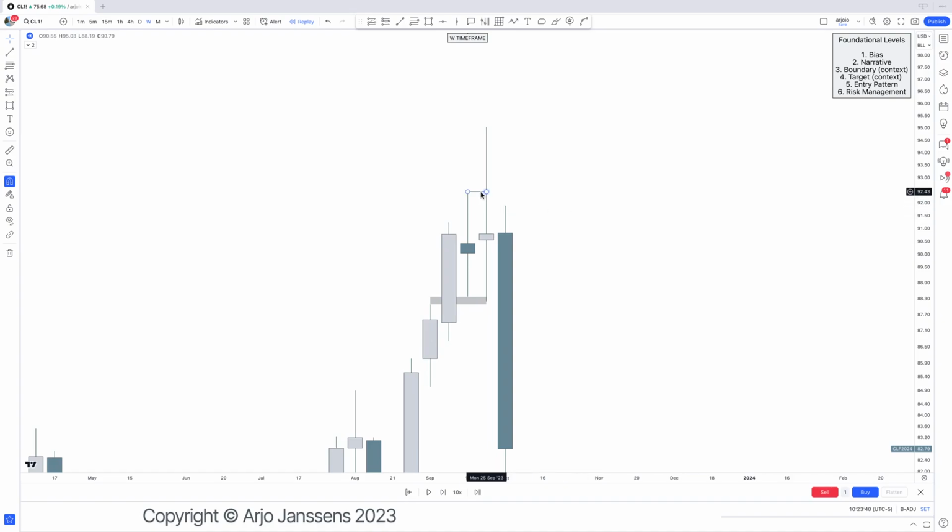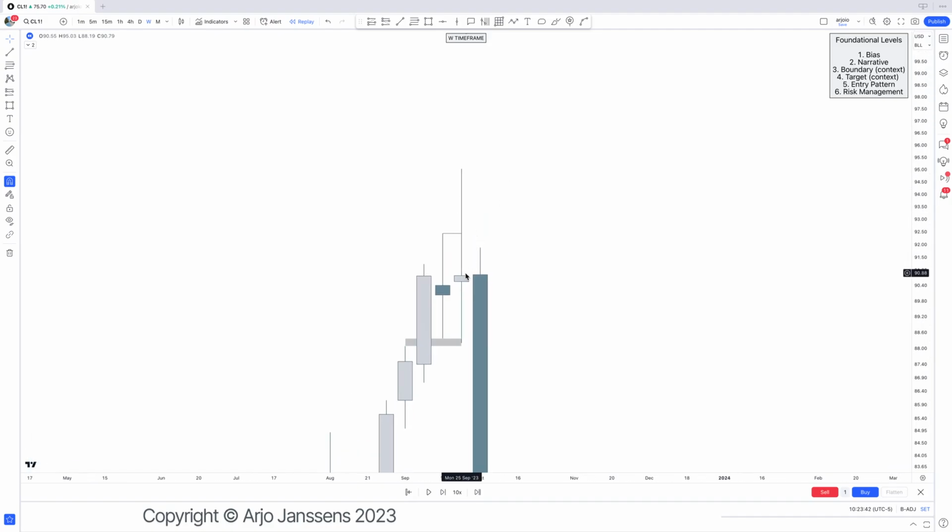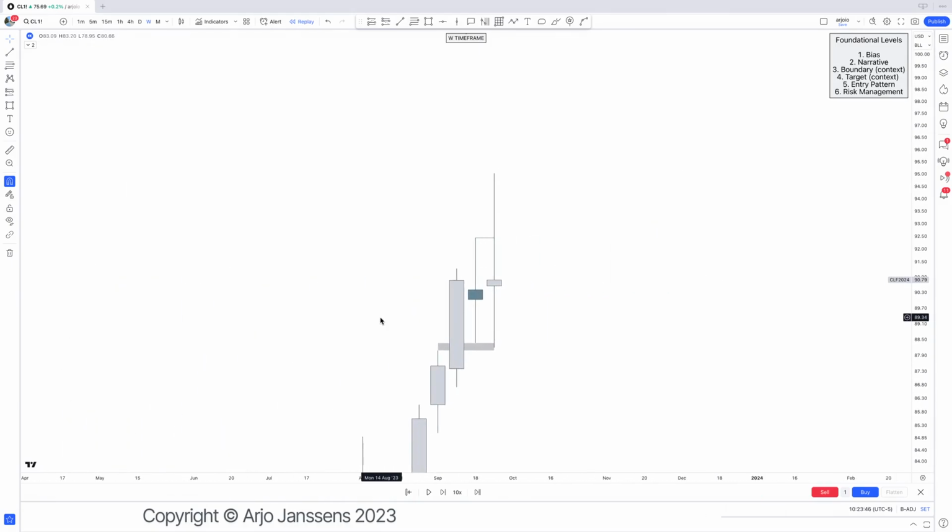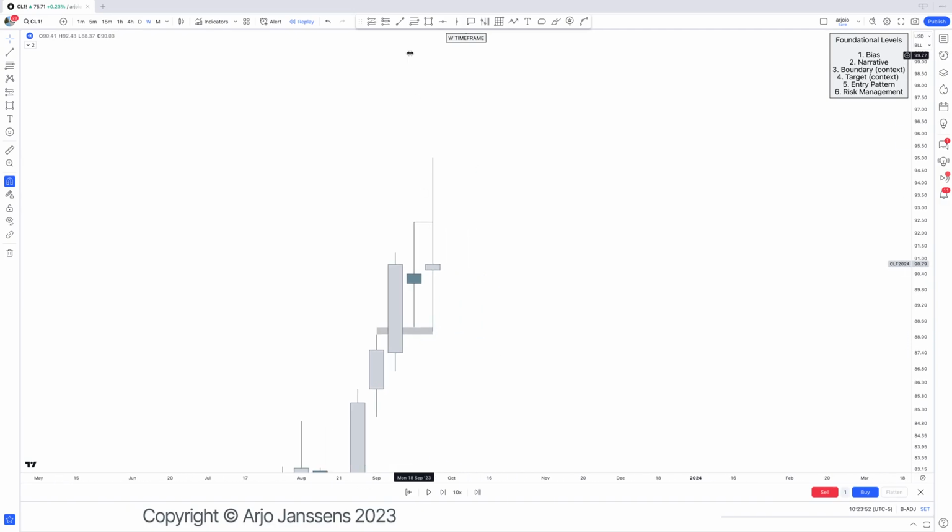So once we have reached that target, I can already tell on a weekly time frame that what are we doing right there? We are not creating a new expansion phase off of this previous order flow leg. So this can potentially create a swing low right there, which would mean that it creates as well a new potential order flow leg if it wants to continue higher, showing that intention.